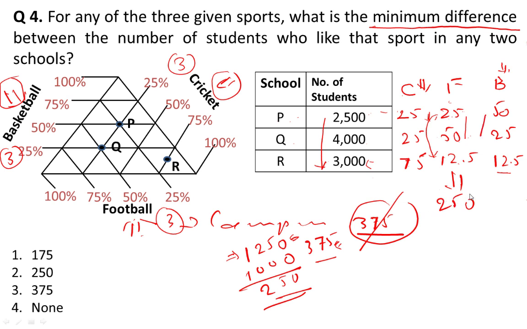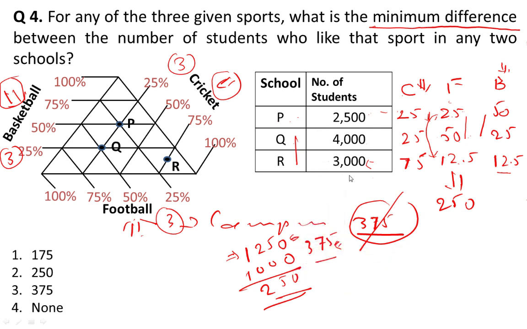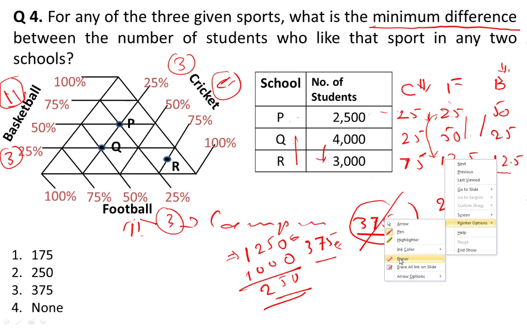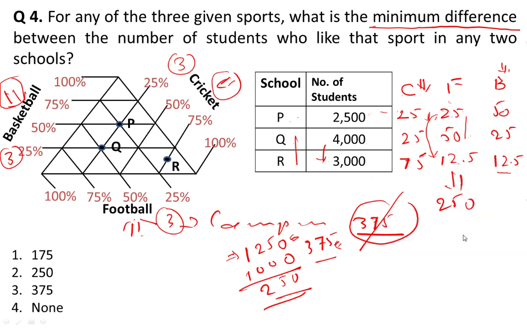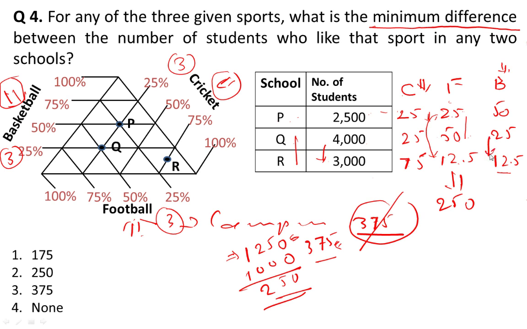Next, what about QR? Here, when you look at the base, R base is less than Q base. R breakup is less than Q breakup.